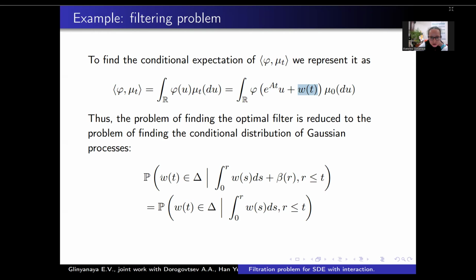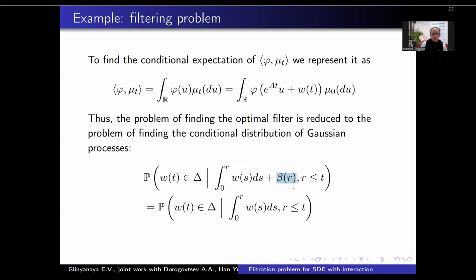So this is a Gaussian process, and when we calculate the expectation and variance of W with respect to not some but one Gaussian, the sigma algebra generated by this Gaussian process and this Gaussian process, since W is independent of beta, you will get that the expectation and variance actually don't depend on that, because we have that the covariance is equal to 0.